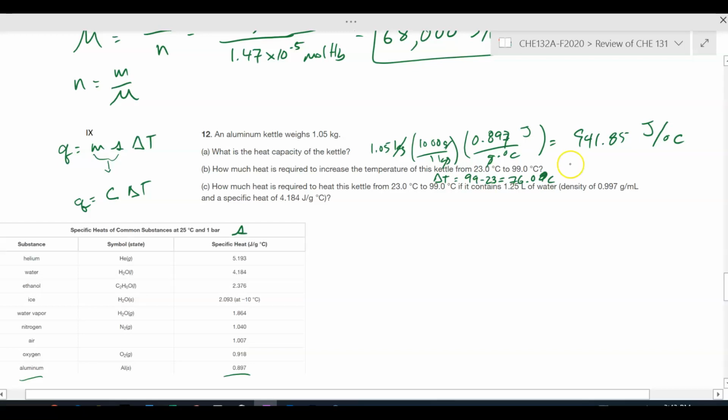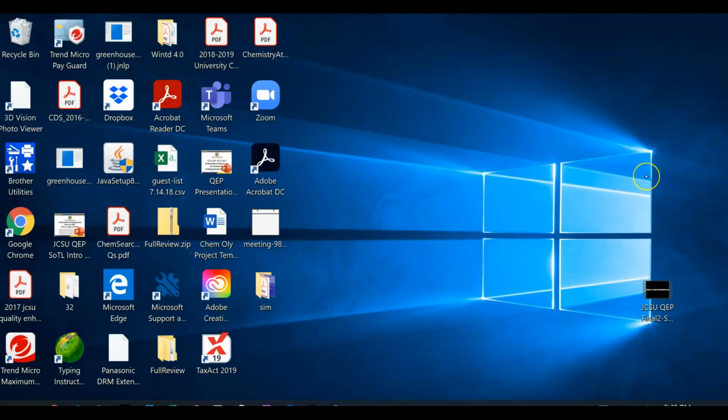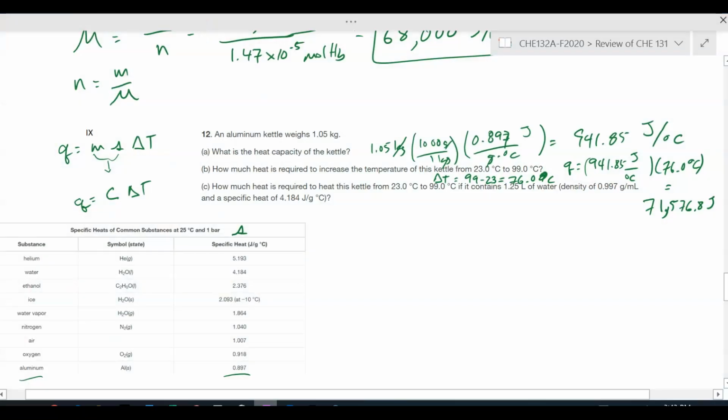So we have Q is going to be 941.85 joules per degree C times the 76.0 degrees C. That's going to give us 71,576.8 joules, and again, I would probably not claim every single one of those sig figs. Maybe 3 of them, but that's the answer we'll run with for right now.